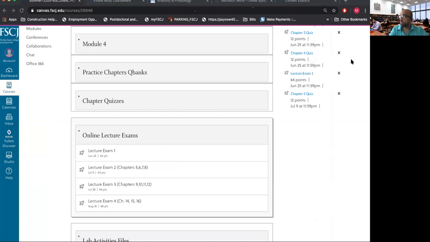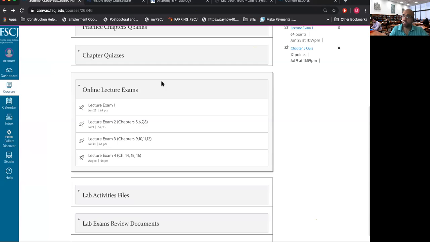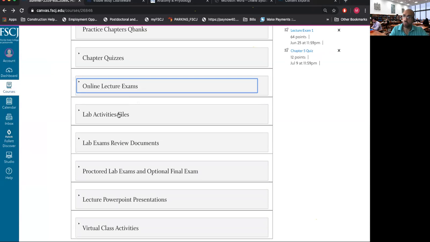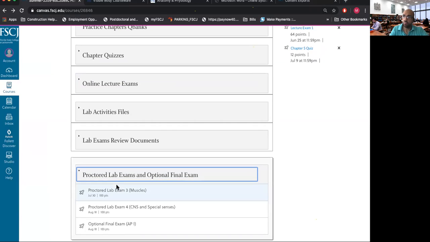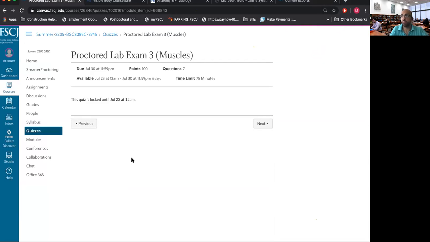Proctored exams, you can see them on Canvas. So you see on here, under lab exams, Proctored lab exams, you're going to have access to the Proctored lab exam 3, for example. Still 1 and 2 haven't been posted yet.